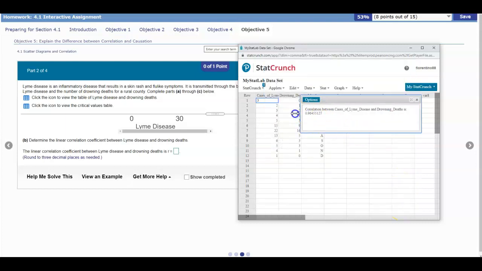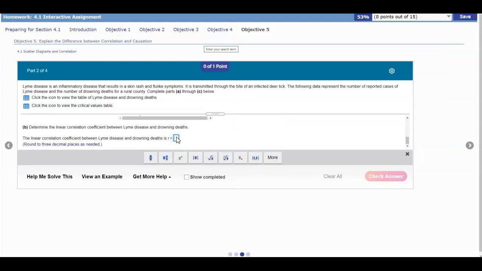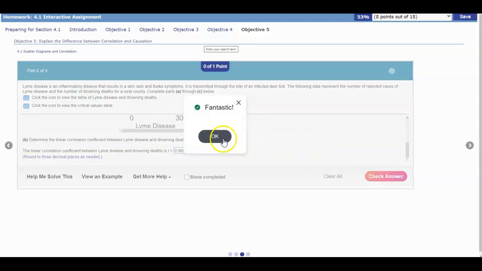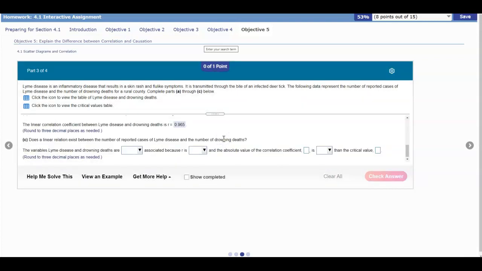Looking at our value to 3 decimal places, the 5 tells us to round the 4 up, so it's going to be 0.965. Let's put that in and check our answer, and we have our linear correlation coefficient.